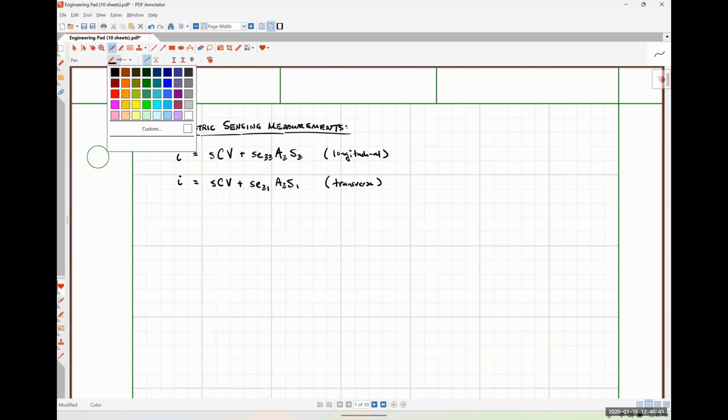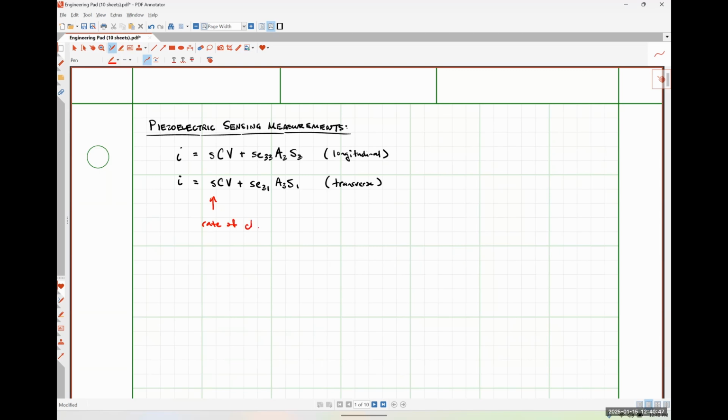And this variable s is effectively our rate of change quantity.